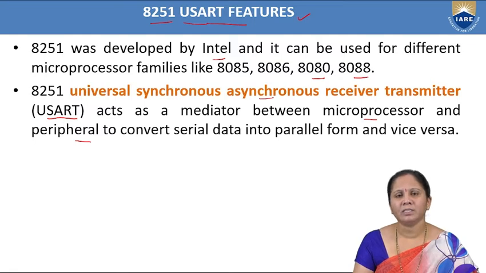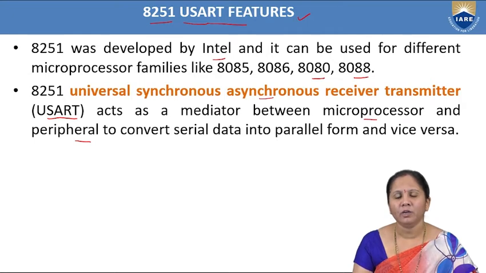Generally the peripheral devices give serial data and also take serial data as input. But the microprocessor takes parallel data as the input, performs some operations on that input, and produces the output, also in parallel manner.